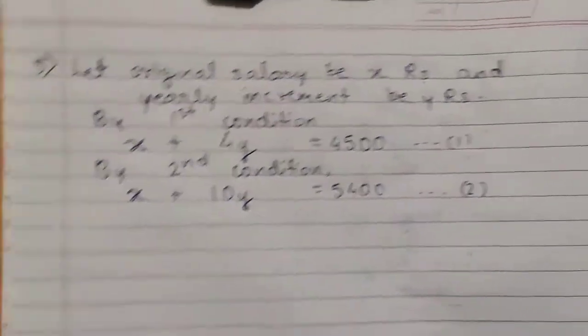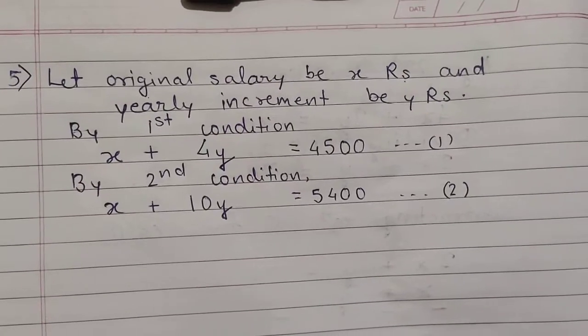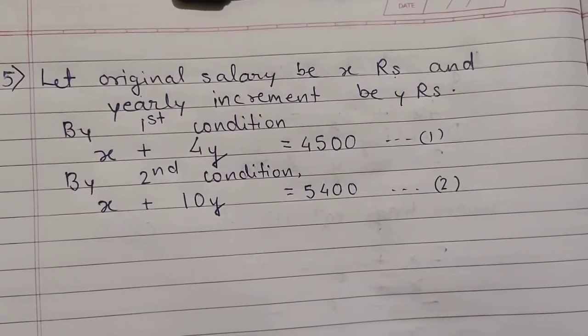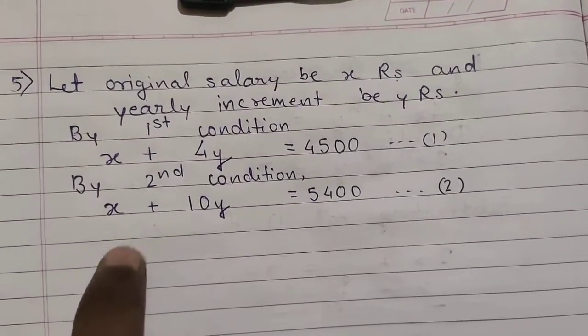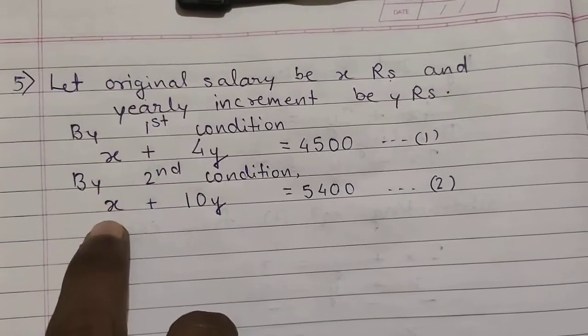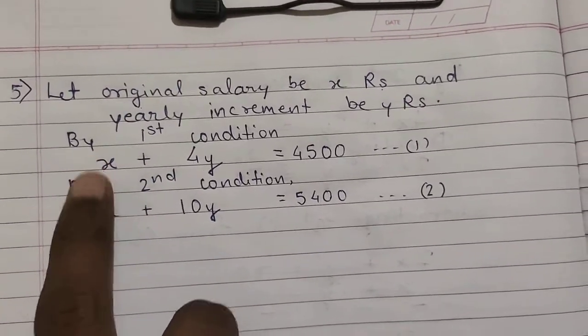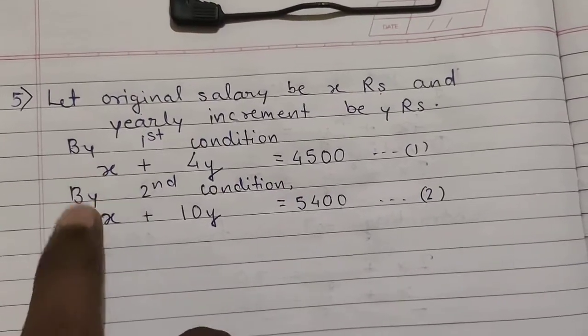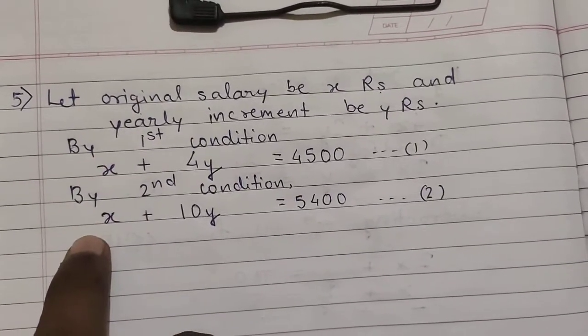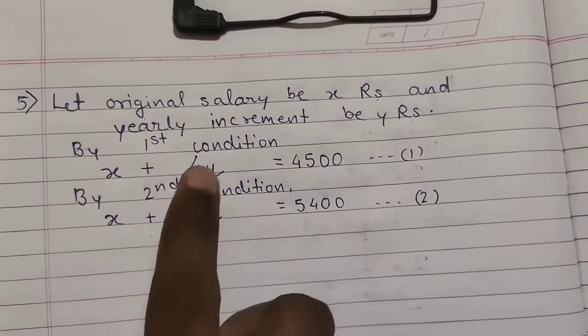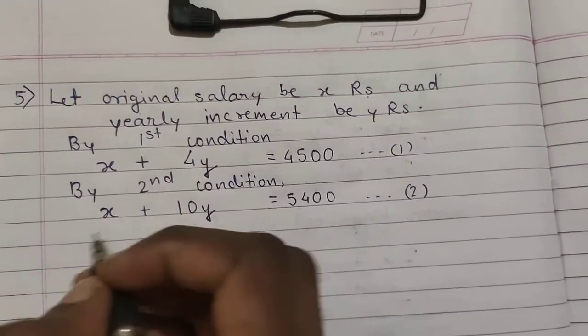Now we need to solve equation 1 and equation 2 simultaneously. You can see the coefficients of x are 1 and 1, so after subtraction x and x will go. That is, subtract your first equation from the second equation.